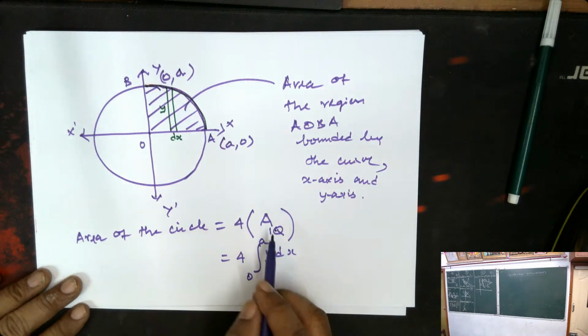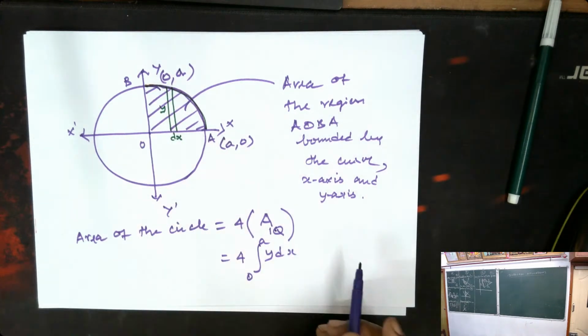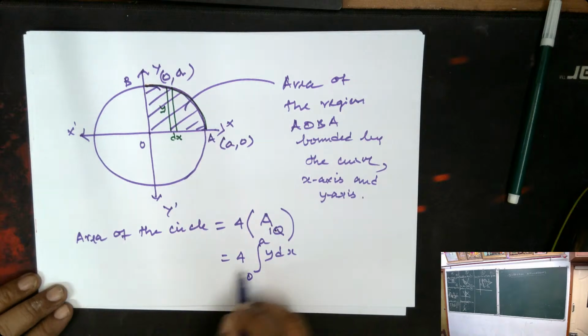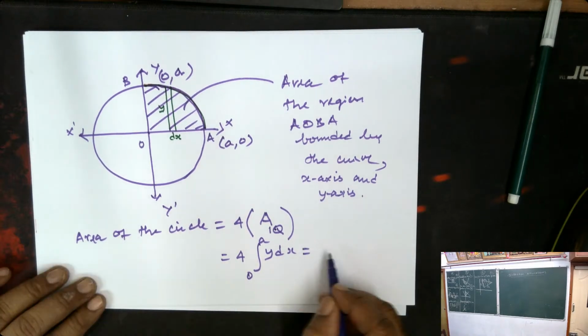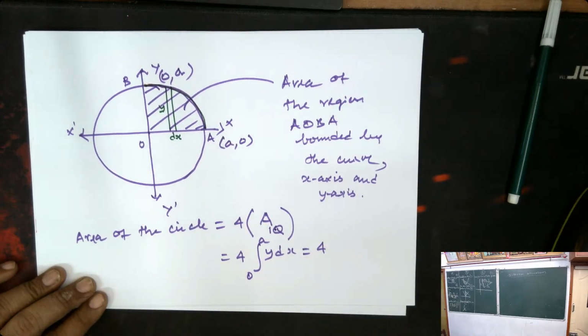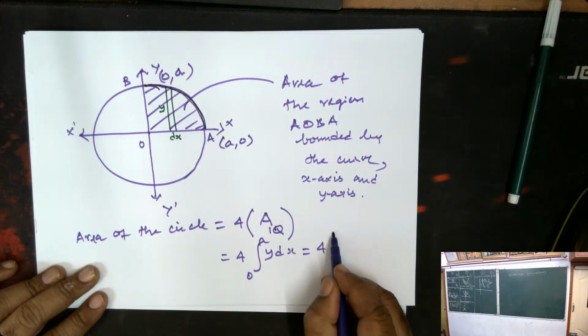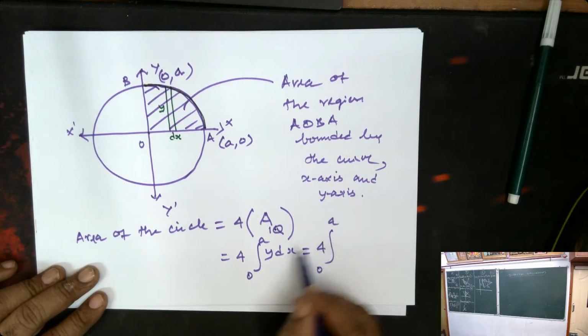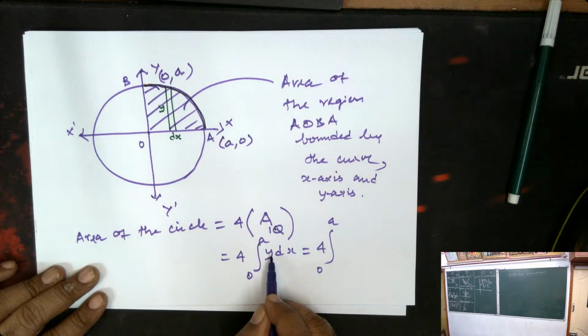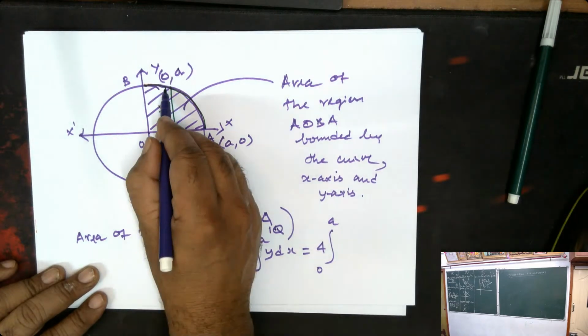And what about this y? That is equal to 4 into the integral between the limits of 0 and a of y. What is this y? That is this one.